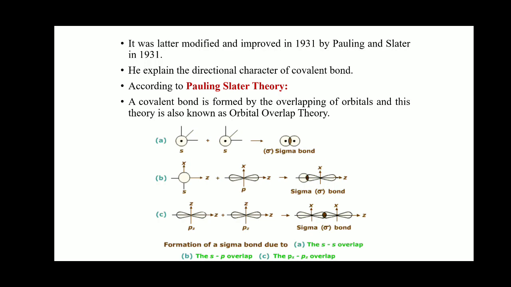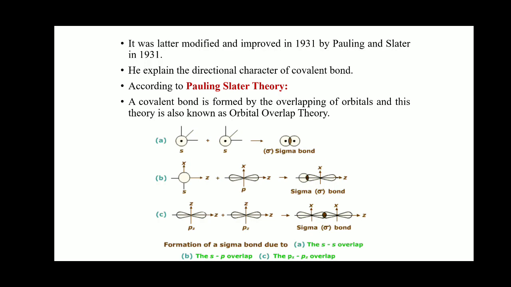Overlapping of orbitals means s orbitals will overlap to form a sigma bond. They will overlap in a particular direction. Similarly, s and p will overlap and form a sigma bond. So this s orbital will overlap with the pz orbital and form a sigma bond.